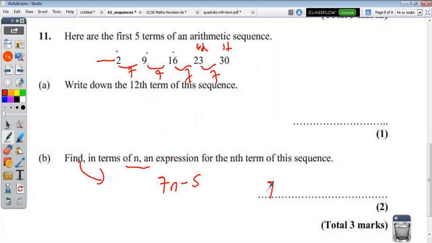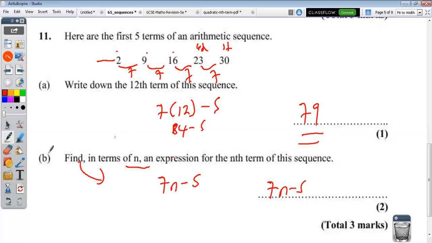So now I use this when n is equal to 12: 7 multiplied by 12 minus 5, which is simply 84 minus 5. Does it make sense?